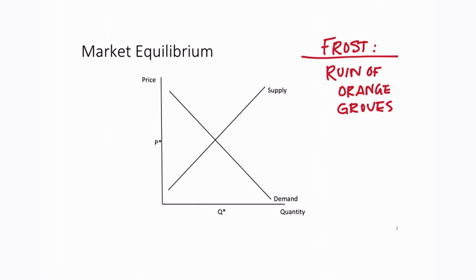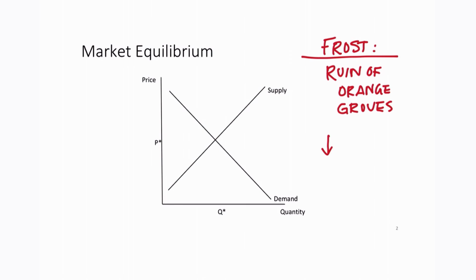A frost that ruins many of the orange groves would be similar to a decrease in the number of orange sellers, because there are going to be less farmers that are able to provide oranges into the market. So therefore, we know that this is going to cause a shift in our supply curve.